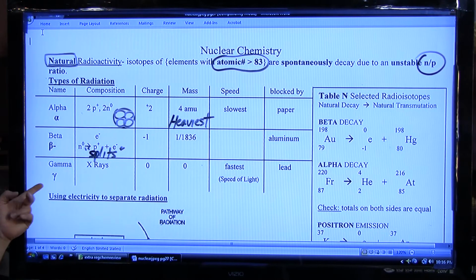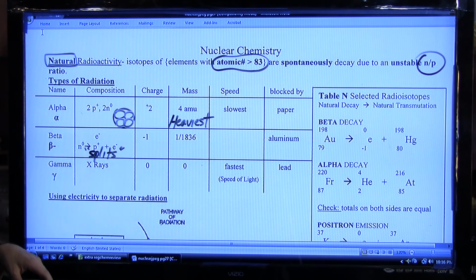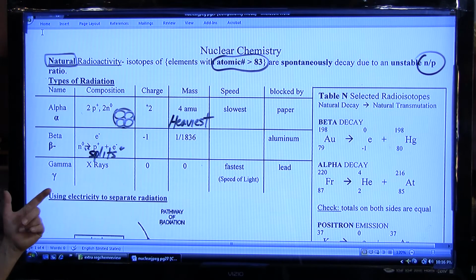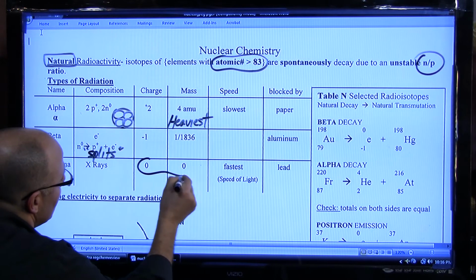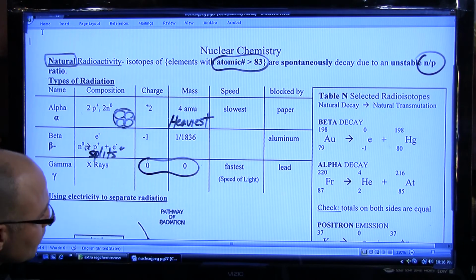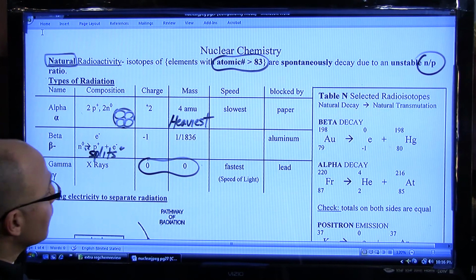Gamma rays, on the other hand, are not particles. Gamma rays are a form of light energy. They're, in fact, high-energy X-rays. And gamma rays, being high-energy X-rays, have no charge and no mass. And therefore, they travel at the fastest speed, which is the speed of light.